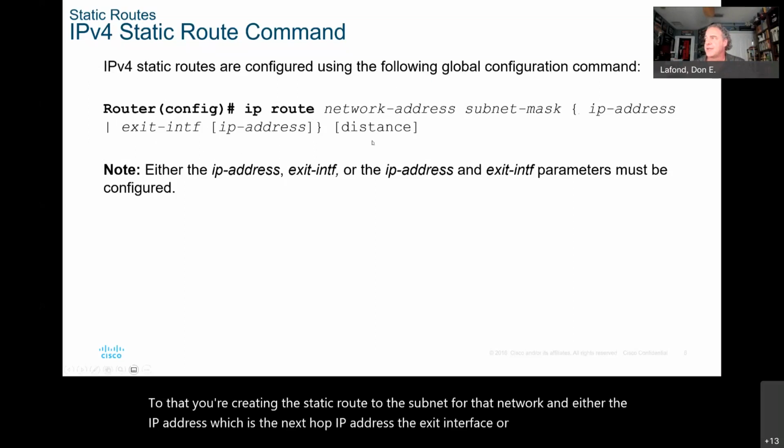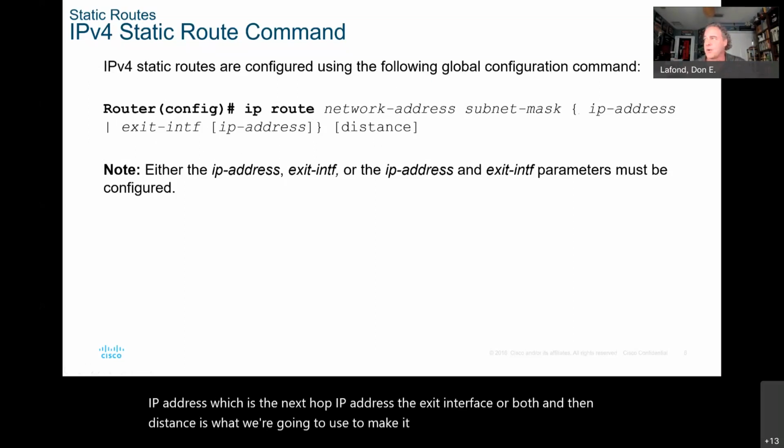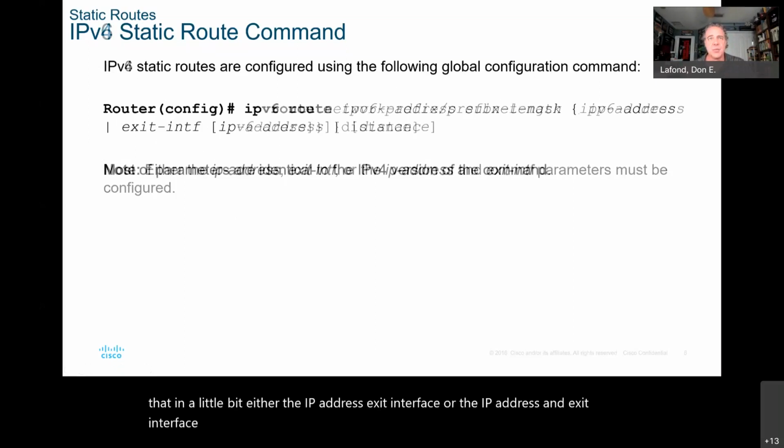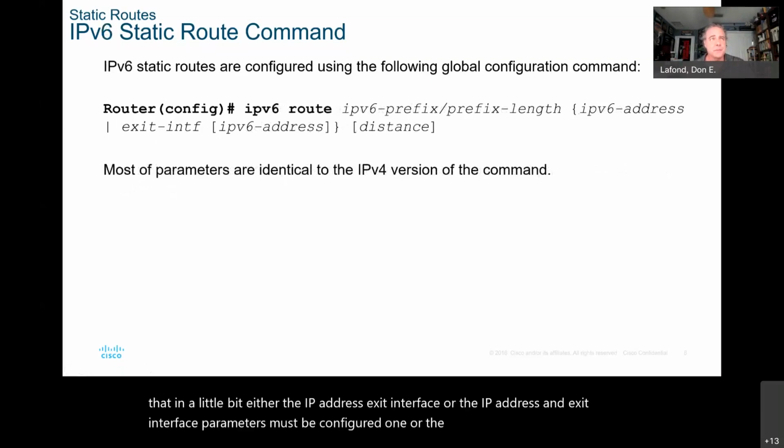And then distance is what we're going to use to make it a floating or backup route. We'll get to that in a little bit. Either the IP address, exit interface, or the IP address and exit interface parameters must be configured. One or the other, or both.